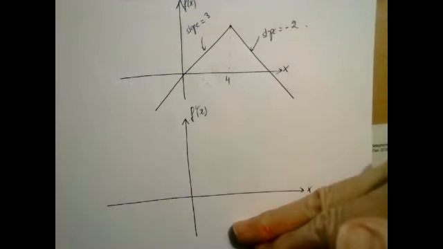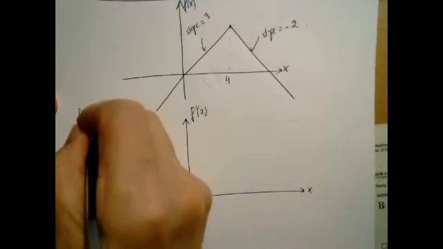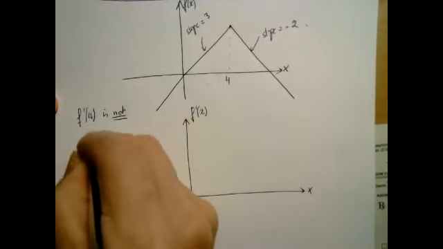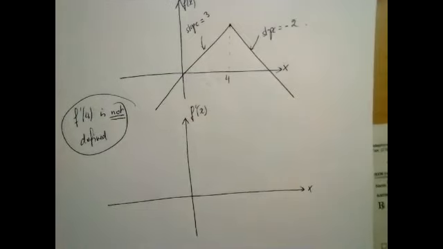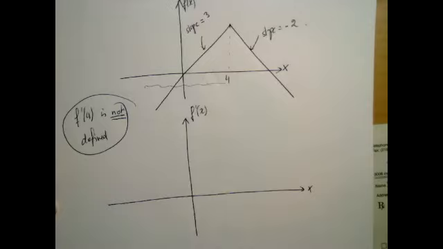So f prime is not defined at 4. You have to notice that very well. And we know how to show that something is not defined. There's no derivative. But before 4, what can you say about the derivative?